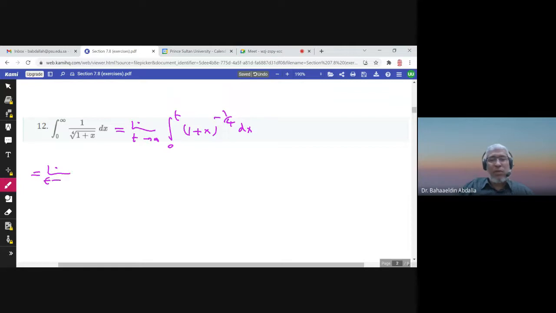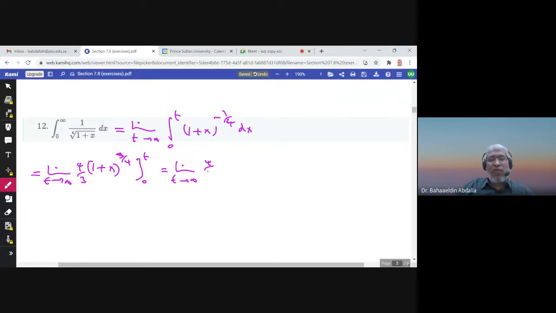And for 1 plus x to the power negative 1 over 4, when integrated, we add 1. So it would be 3 over 4 over 3 over 4, or times 4 over 3, from 0 to t.